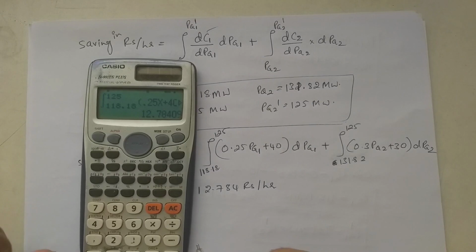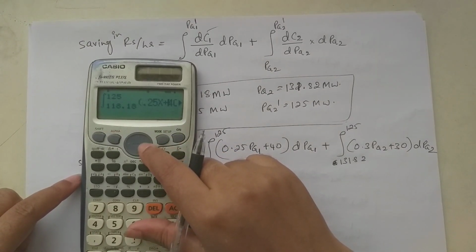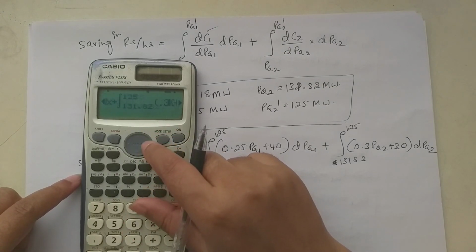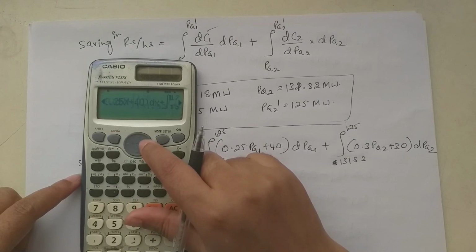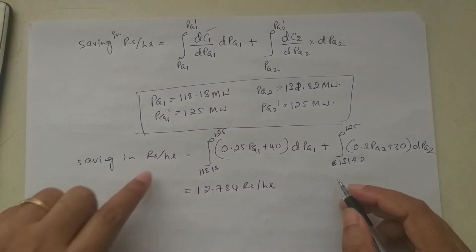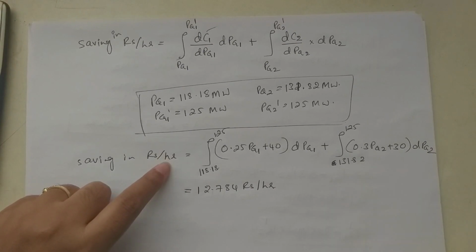This is the saving calculated, in rupees per hour, but we need the saving to be calculated in rupees per day. Per day basis the saving needs to be calculated. In one day we have 24 hours.